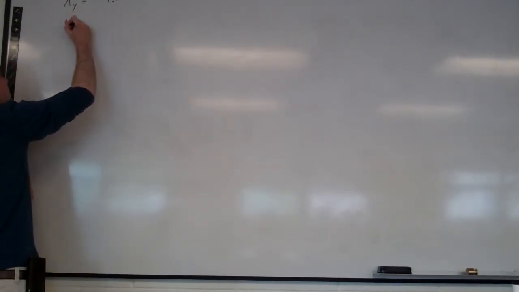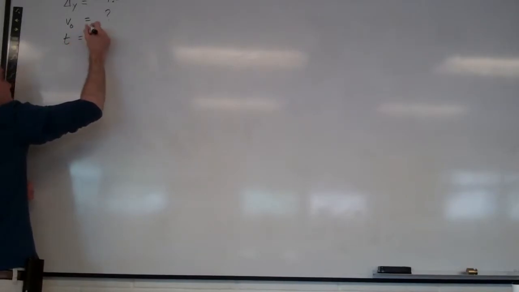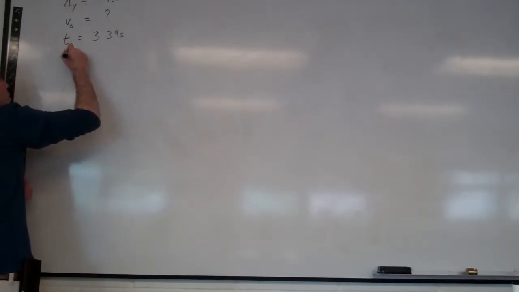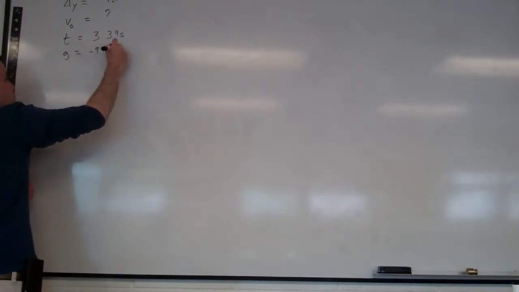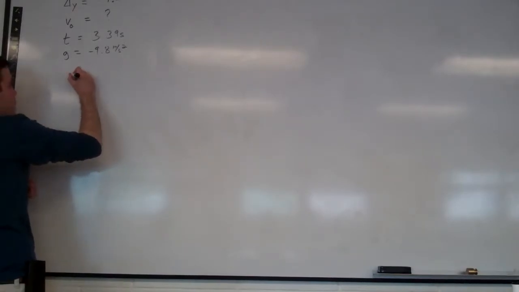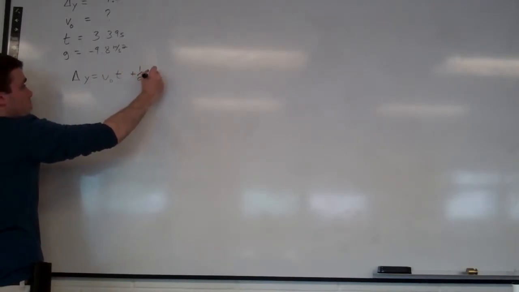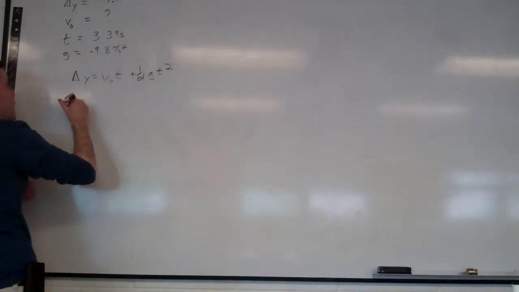What is our initial velocity? That's what we're looking for, isn't it? We have time. We have time is what, Michael? 3.39. And we know g is equal to negative 9.8 meters per second squared. Okay, so we end up with delta y equals v initial t plus 1/2 g t squared.